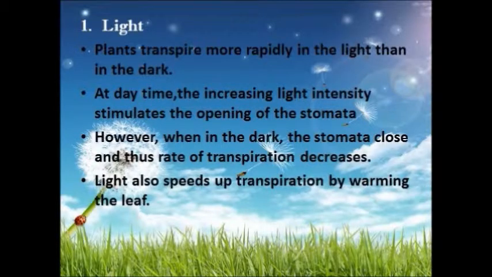In the daytime, the increasing light intensity stimulates the opening of the stomata. However, in the dark, the stomata close and thus the rate of transpiration decreases. Light also speeds up transpiration by warming the leaf.